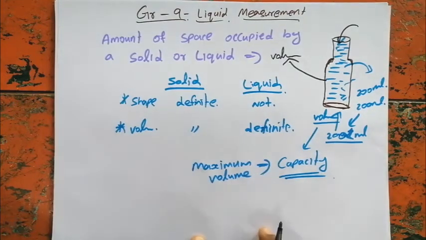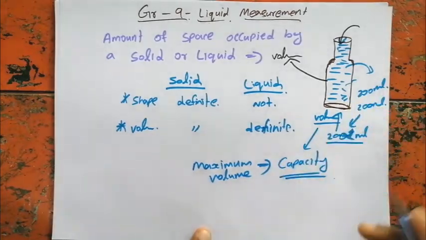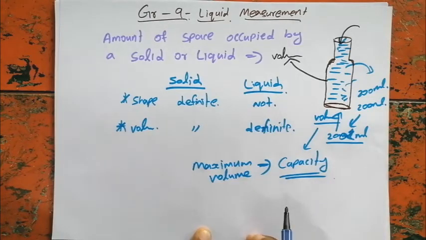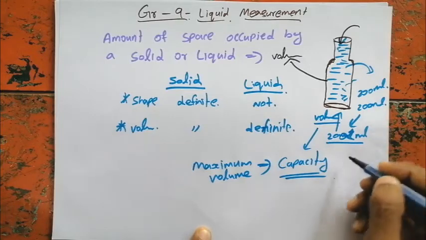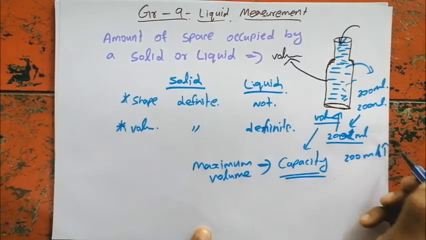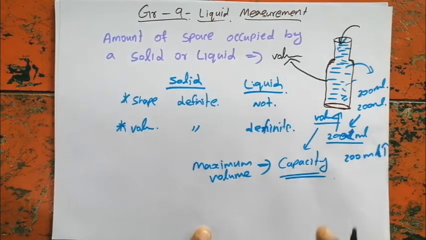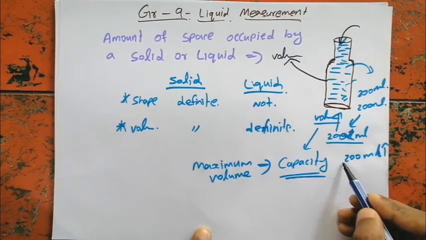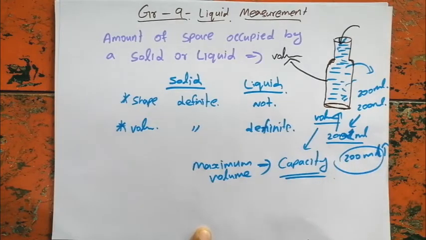So the maximum volume of the first container is 200 milliliter because it's filled. What about the second? Its maximum volume is more than 200 milliliter, because we have some space there. For the other containers also, we have more space than 200 milliliter.